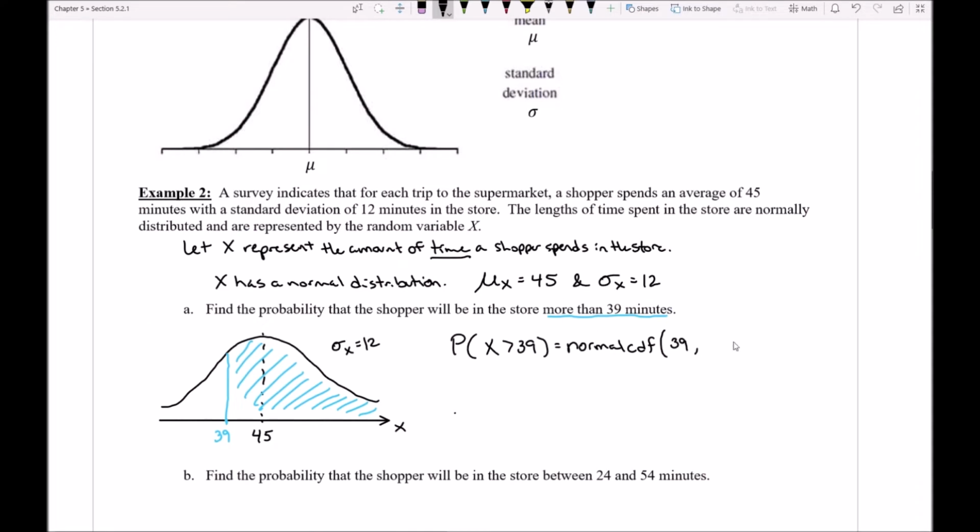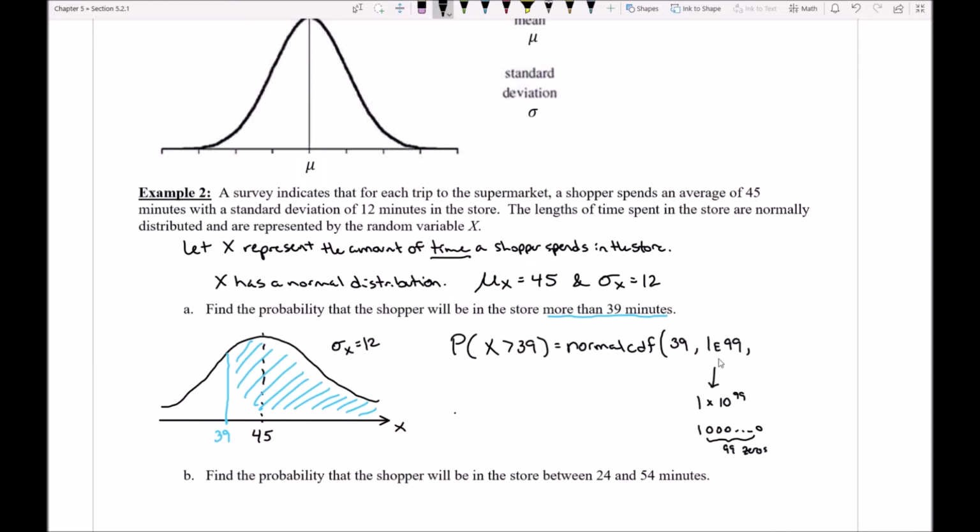Now, see how I write this out? This is 1e99. I'll show you how to type that into the calculator in a moment. But what this means is this is the same as actually saying 1 times 10 to the 99th power, or that's 1 followed by a whole bunch of zeros, specifically 99 zeros, which means this number is huge.